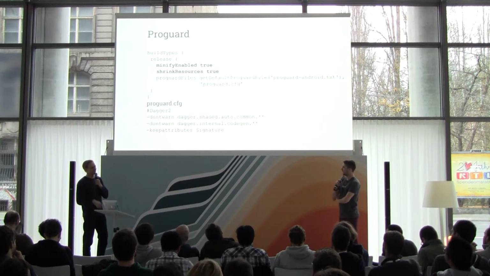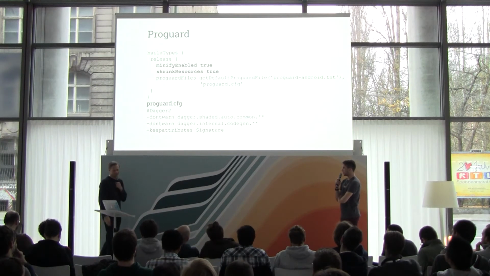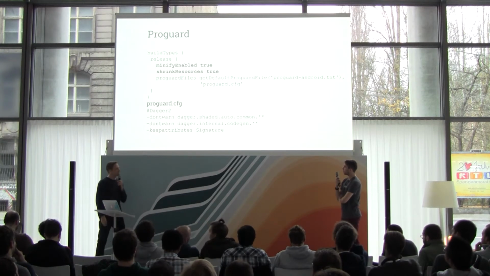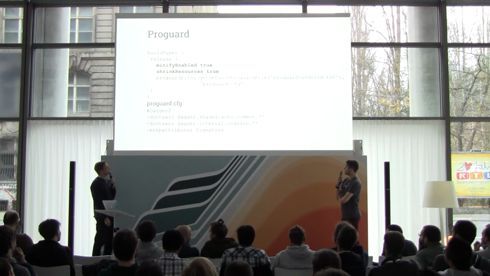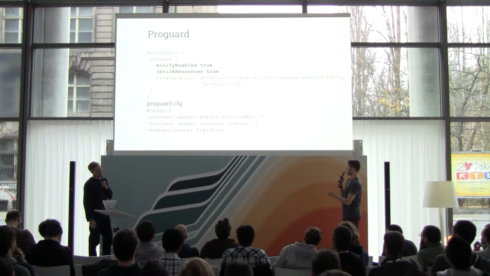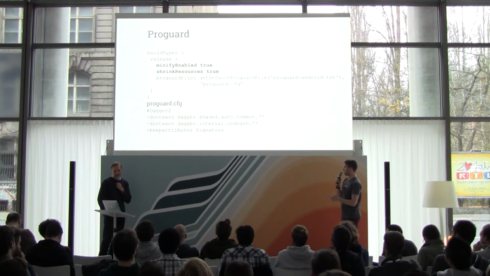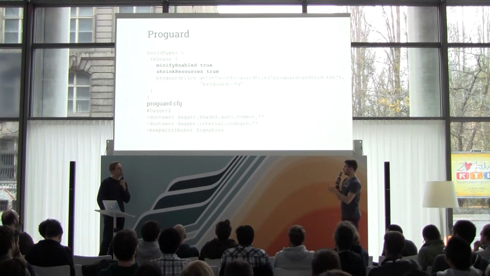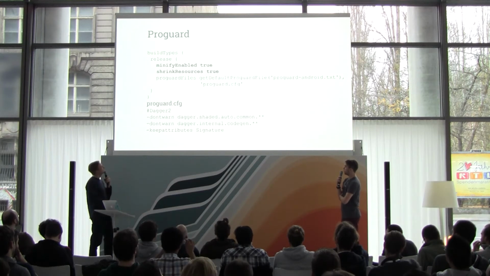Run your tests on the release version of your app, so make sure that the stuff you deliver really works. ProGuard will shrink your code and also the resources and optimize the bytecode. And as a bonus, obfuscate the code too, so it's harder to reverse engineer.